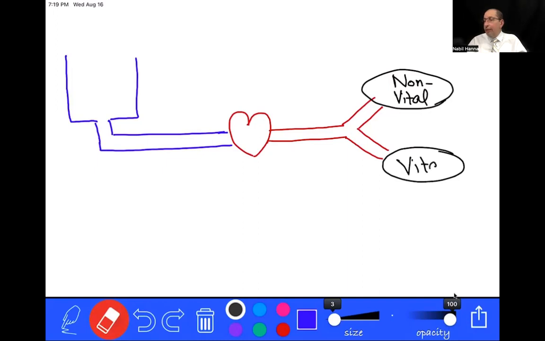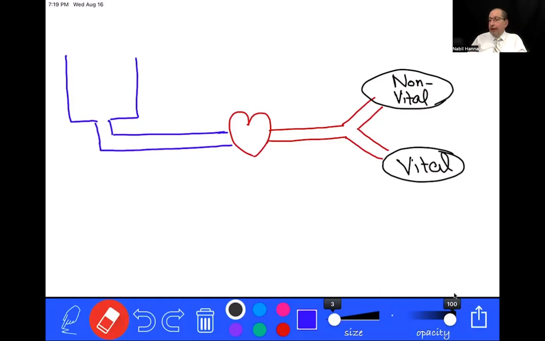And by the way, the non-vital receive more arteries than the vital. Why? Non-vital, the 2 largest systems and organs in the body. The skin is the largest organ in the body, and the gut is the largest system. So these 2 non-vital organs receive a lot of blood supply.